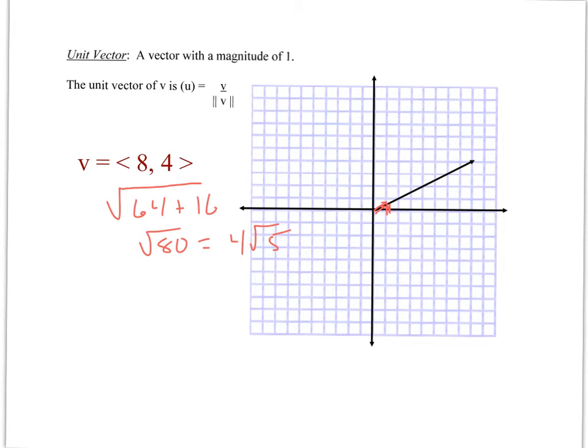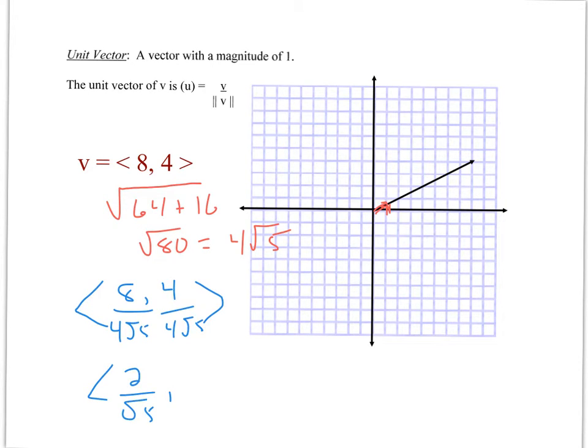So I'm going to take my original vector, which is, in hard brackets, [8, 4], and I'm going to divide both of those by 4 root 5. So it looks like my vector is going to be [2 over root 5, 1 over root 5], which of course if I rationalize is going to be [2 root 5 divided by 5, root 5 divided by 5].